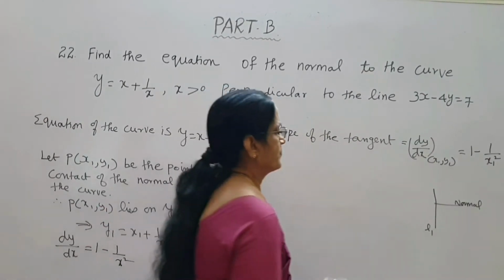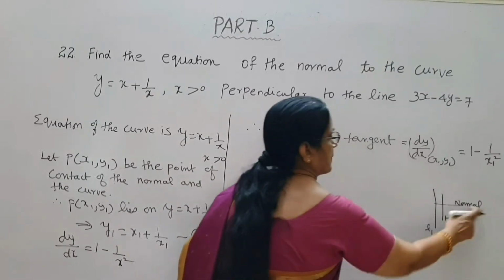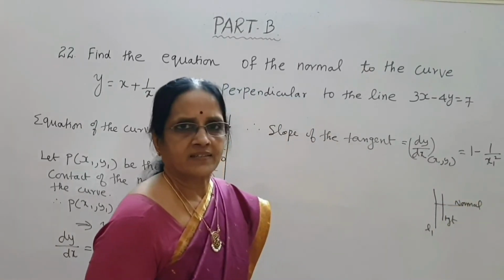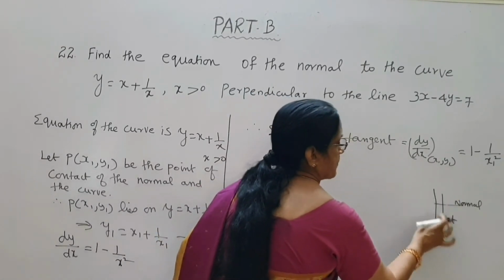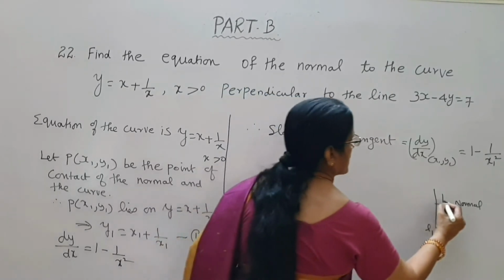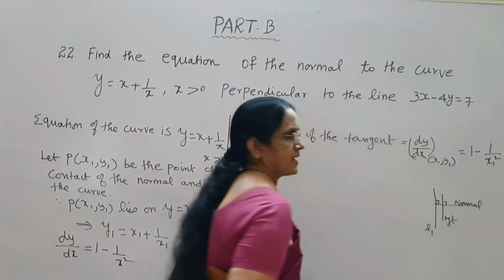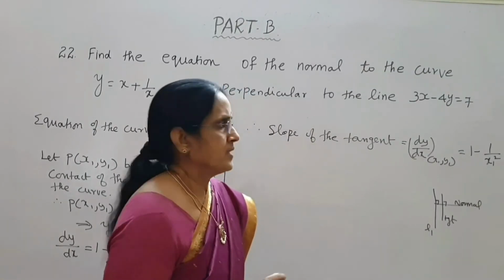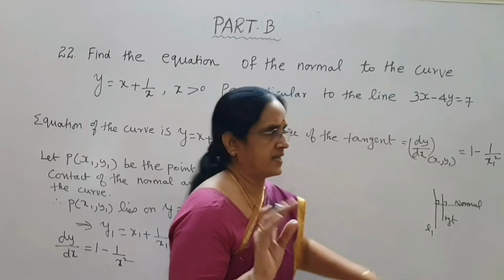Also you know, tangent line is also perpendicular to the normal line. That means tangent line is parallel to the given line, because both are perpendicular to normal. Therefore these two are parallel to each other. So that's what I am going to write over here. This is only a rough diagram to make you understand.